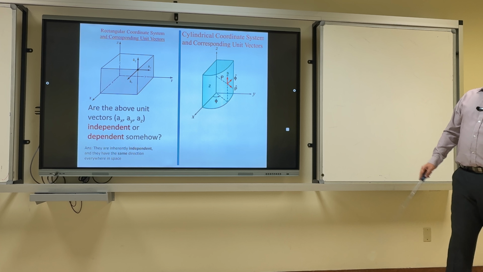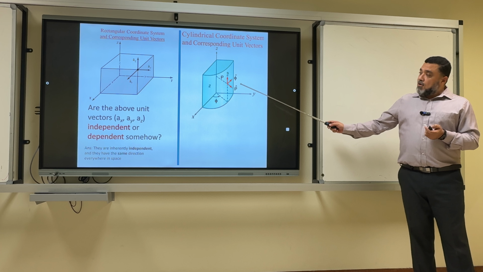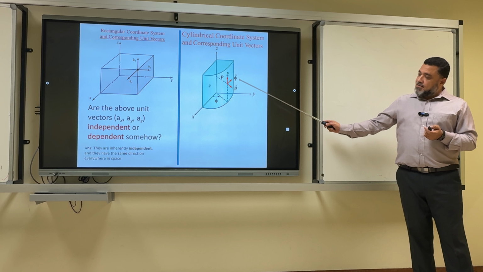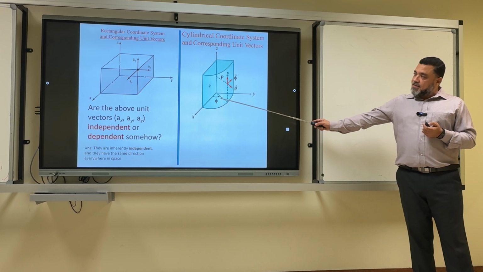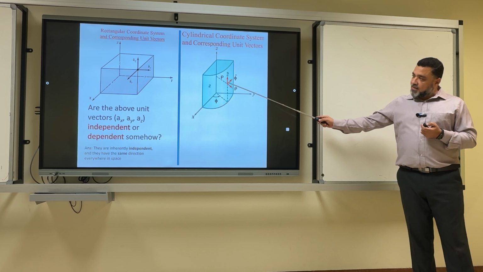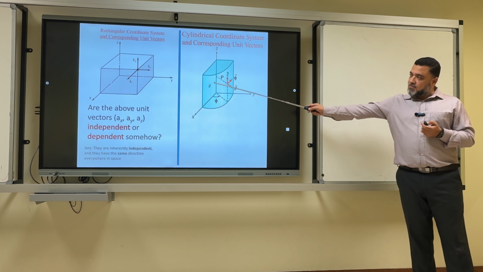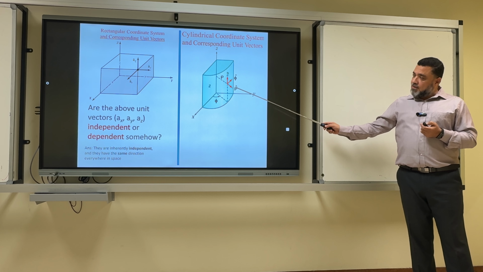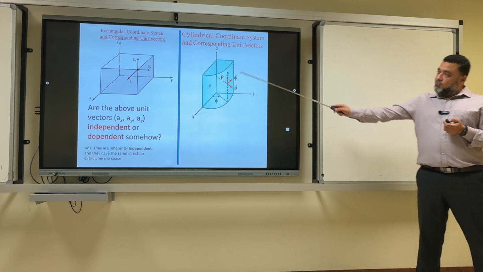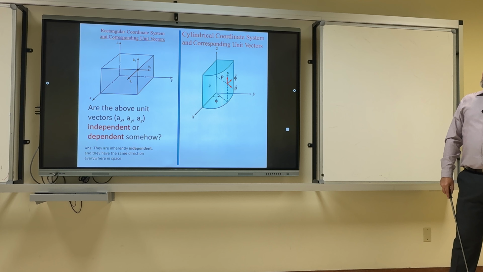In other words, are these unit vectors rho, phi, z related to the coordinates rho, phi, z of this point? So this point has some phi, some rho, and some z. Is the unit vector a_rho dependent on the coordinates of this point?